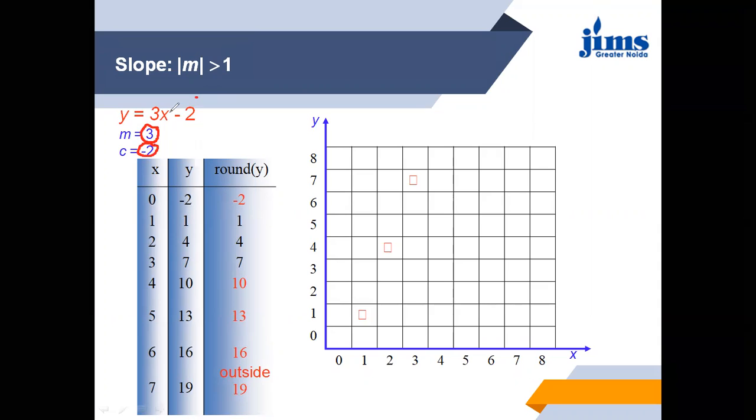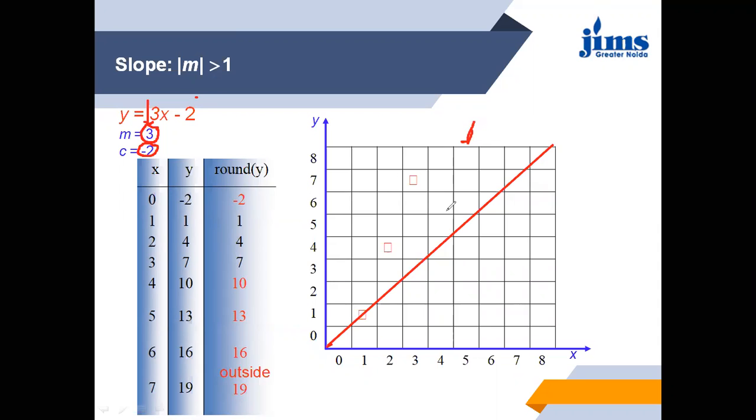So when we are saying that the value of m is greater than 1, it means the line is above 45 degrees. Suppose this is a line at 45 degrees. So this is a line that is in this region.